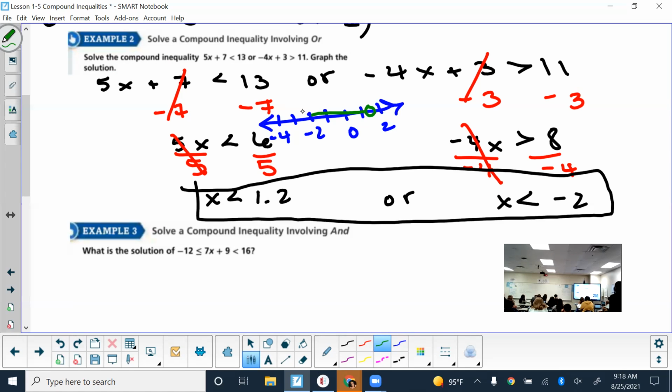It's going to be an open circle. And what direction does that one go in? To the left or to the right? To the left. So this one looks a little bit different because we did have that sign flip. So on this line, we're basically saying that the solution looks like that, starting at 1.2.